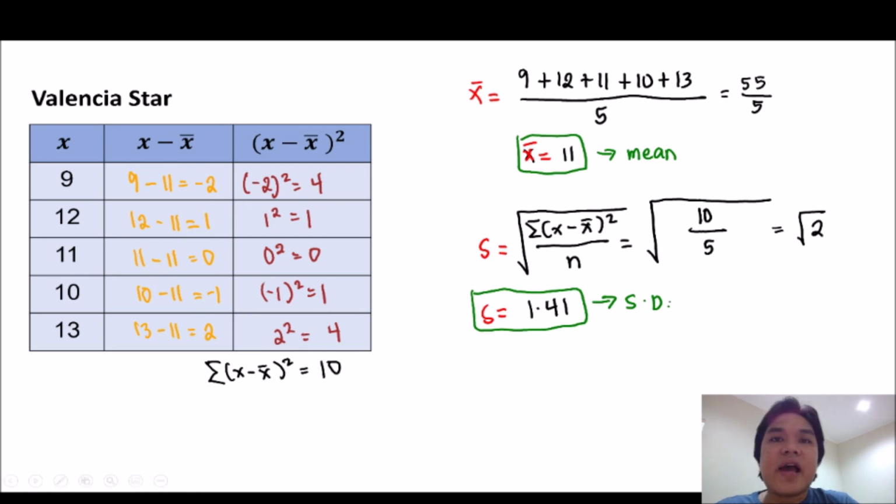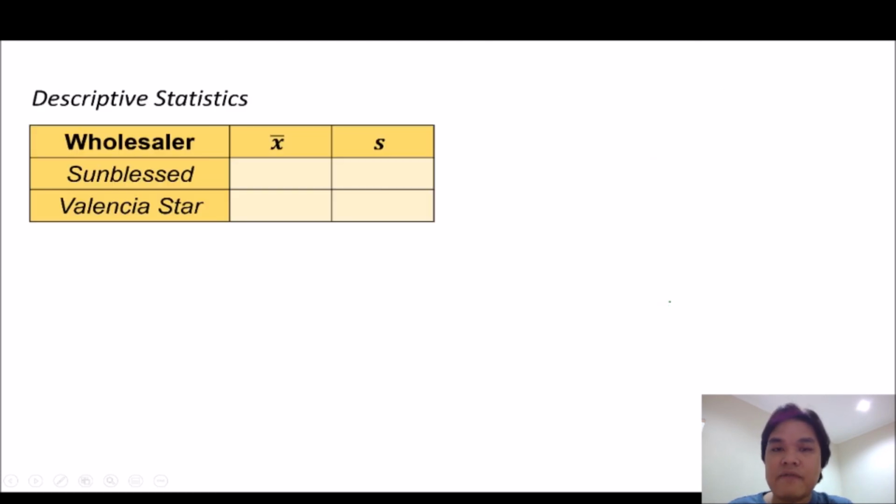So we already calculated the descriptive statistics, the mean and the standard deviation. Let's now compare the results. Okay, so the mean of Sunblest is 10, Valencia Star is 11, the standard deviation of Sunblest is 4.38, Valencia Star is 1.41. Sunblest has a lesser mean than Valencia Star.